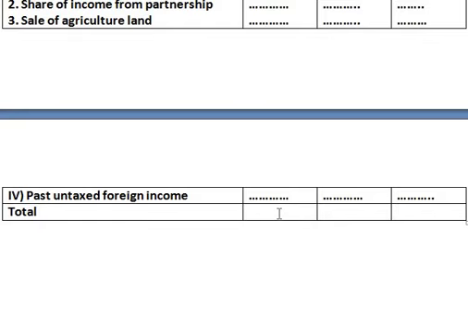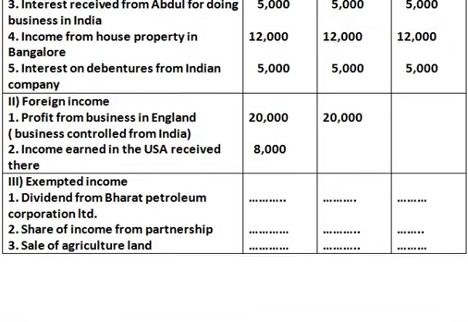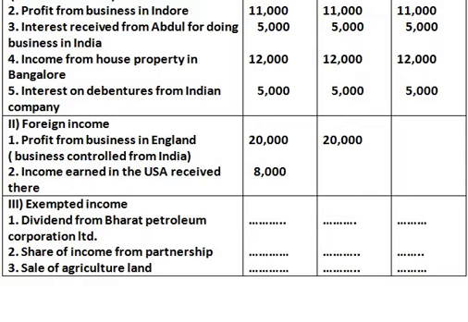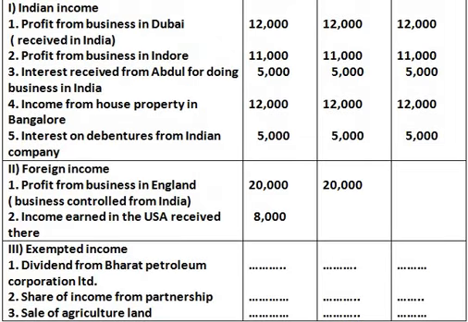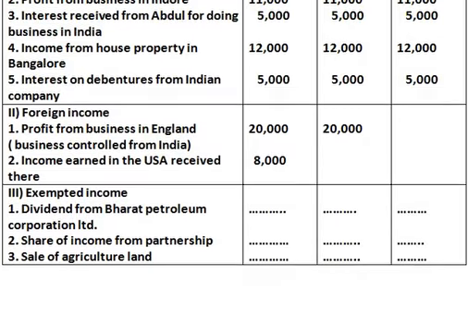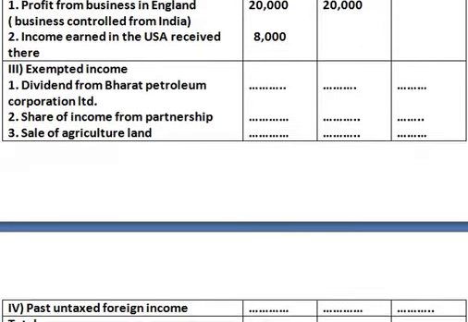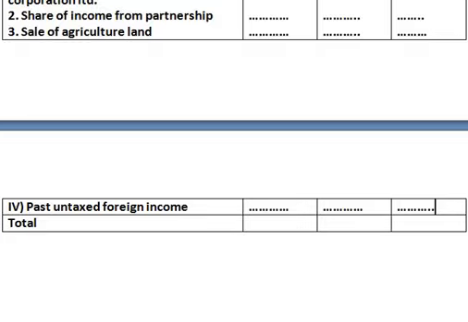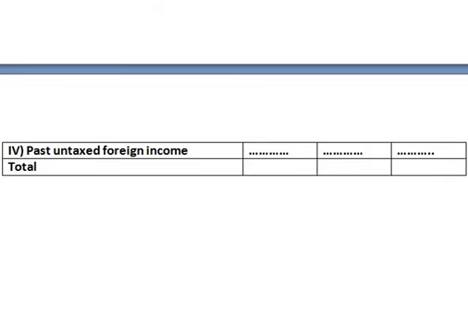We are given total Indian income, foreign income, exempted income in the sum that we have considered while solving it, and past untaxed foreign income is not considered as it is not given in the sum, but still I have written the amounts blank.